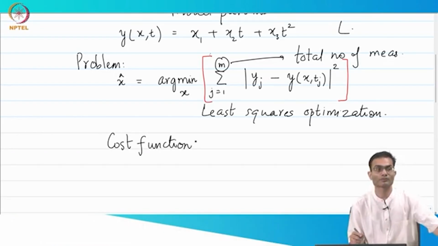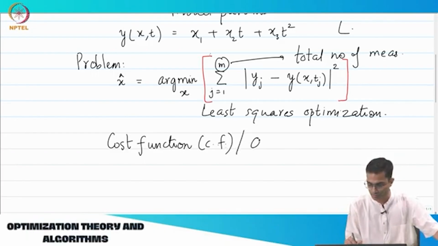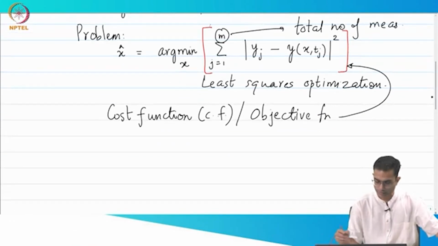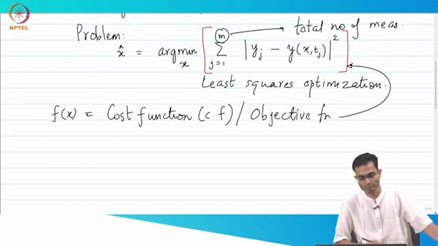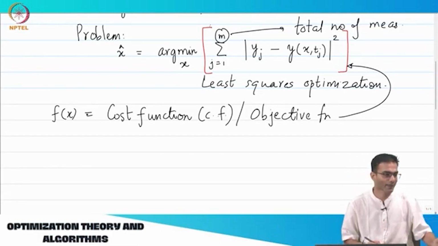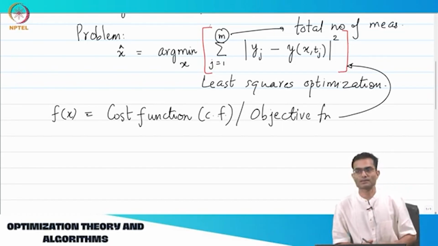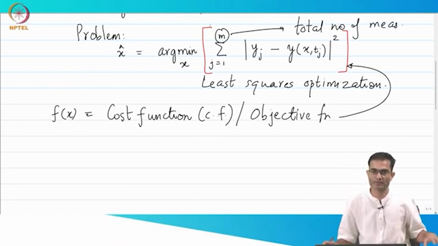In many papers, you will in fact see this written as C dot F, and you will wonder what this C dot F is. It just means cost function or objective function. The common symbol for it, let's call it f of x. When I say f of x, you should realize that x here is a vector or a scalar. It's a vector because there can be many parameters in the model.